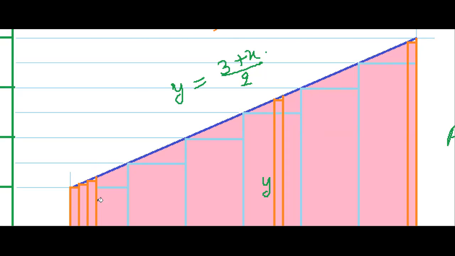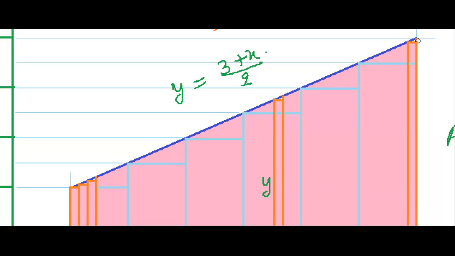But if we make n infinitely large, that means the number of these rectangles having very small width is infinitely large, then the tops of those rectangles will have no gaps left.